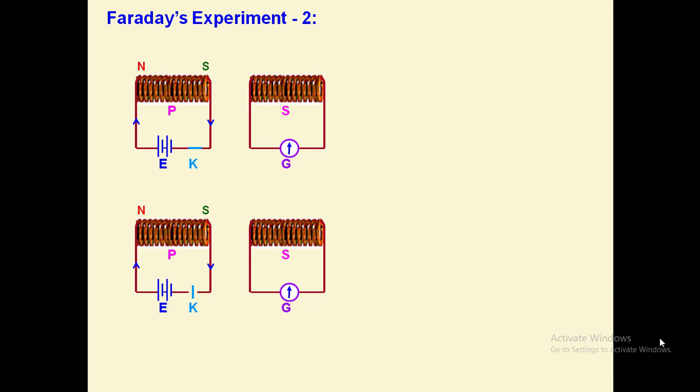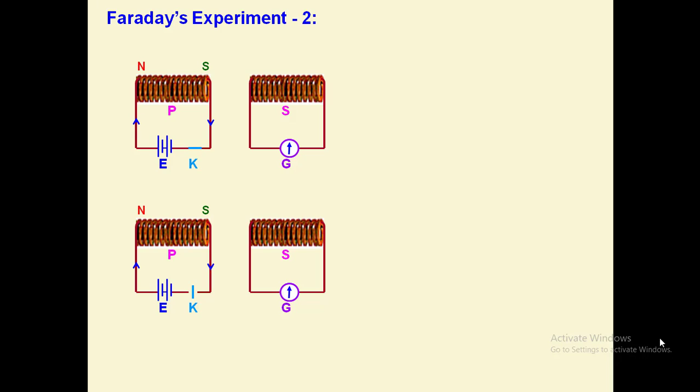So whenever you close or open the key, there is immediately a change in current in the coil. That means initially it is 0 and it goes to maximum. At that instant there is a change in the magnetic field produced by the coil. So the field lines linked with the right side coil will also change and there is current.